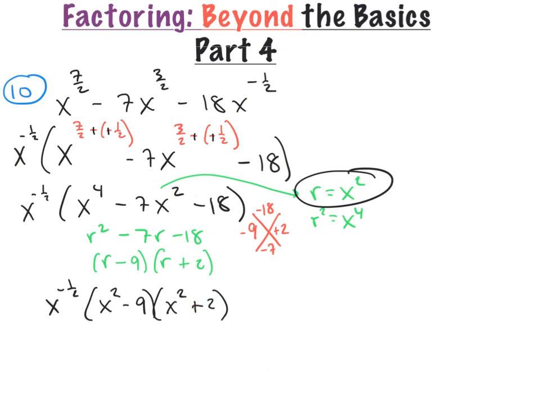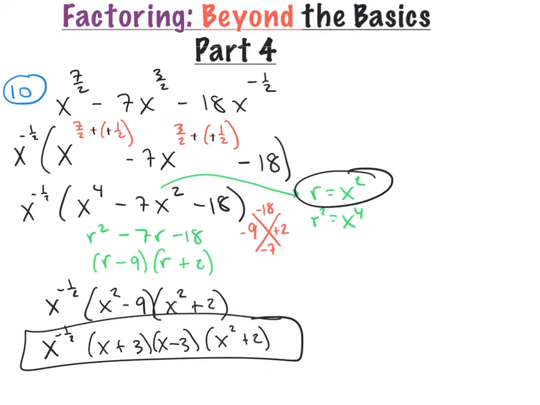That does not factor anymore, but x squared minus 9 definitely factors. It factors to x plus 3 and x minus 3. So we have x to the negative 1/2 times x plus 3 times x minus 3 times x squared plus 2. All done.